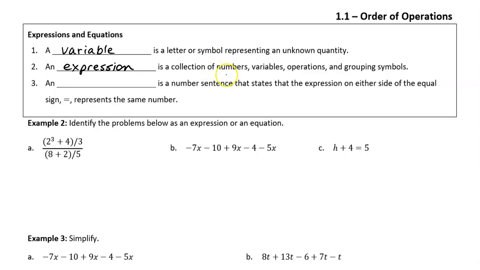An expression can be made up of numbers, like we worked with, those operations, and those grouping symbols, meaning parentheses or square brackets. So this is where we start to mix things up. The numbers, maybe 1, 2, 3, but now we're also saying that we can include variables, so maybe X and Y, maybe A, B, whatever variables we're talking about.